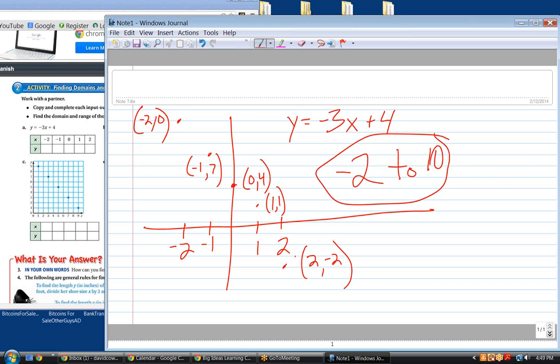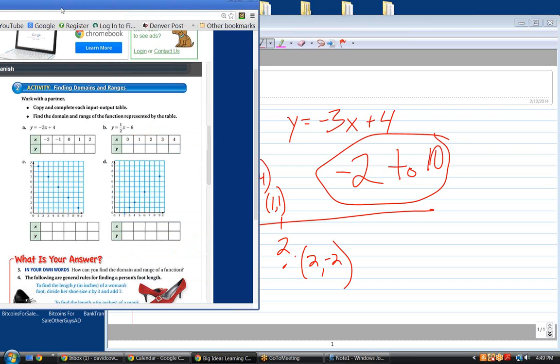Okay. So whenever they give you a table and they want to know about domain and range, they want to know basically the distance. Well, the domain I could say would be minus 2 to 2, and the range I would say would be minus 2 to 10. Okay?